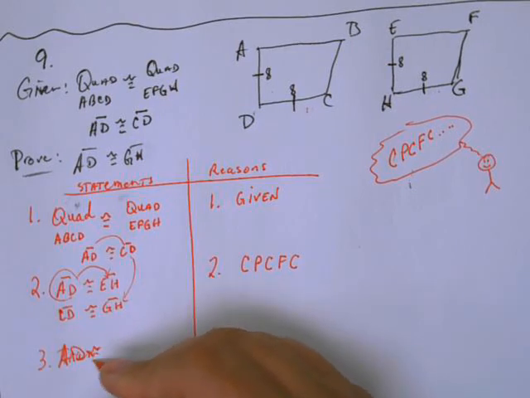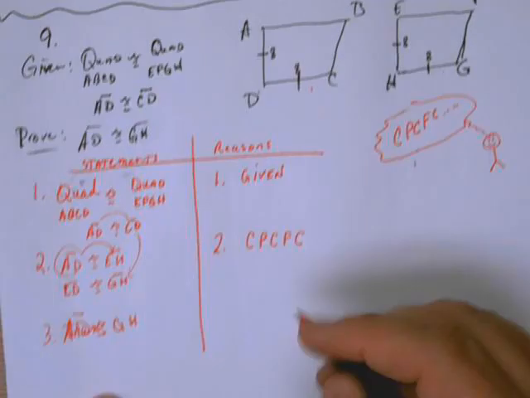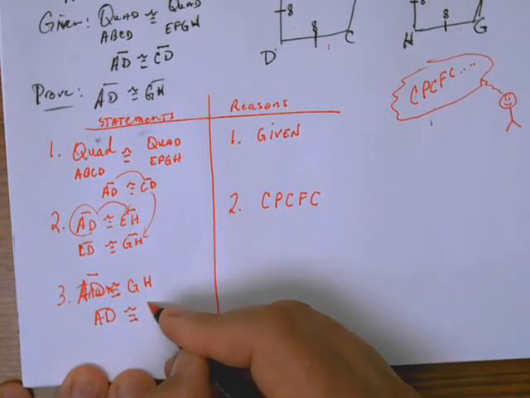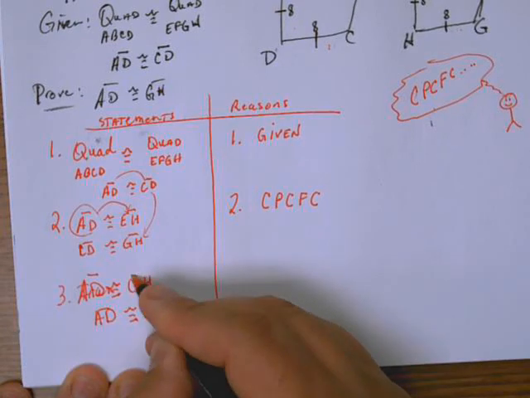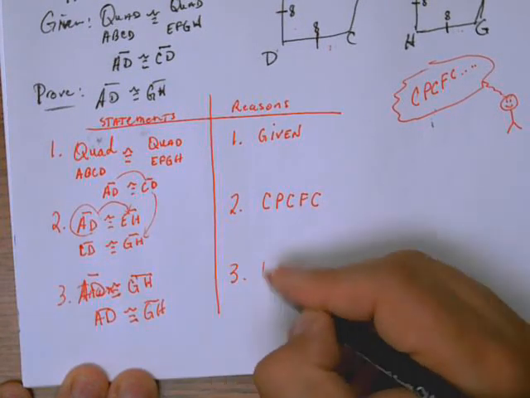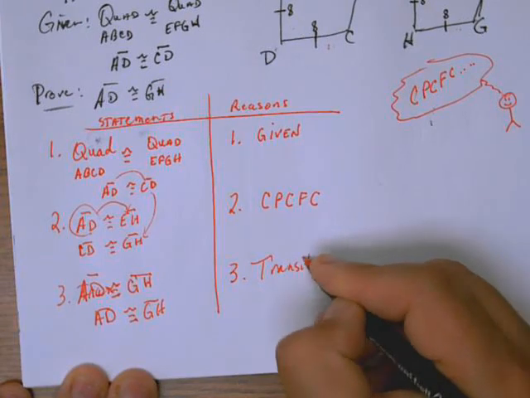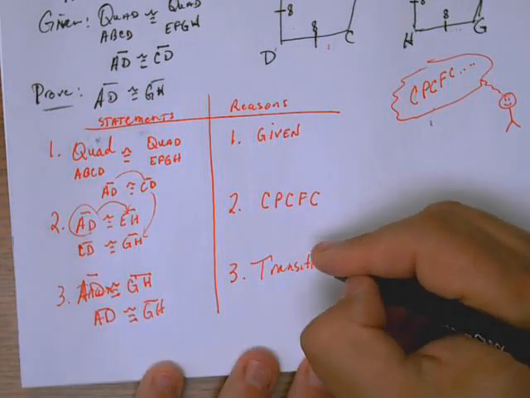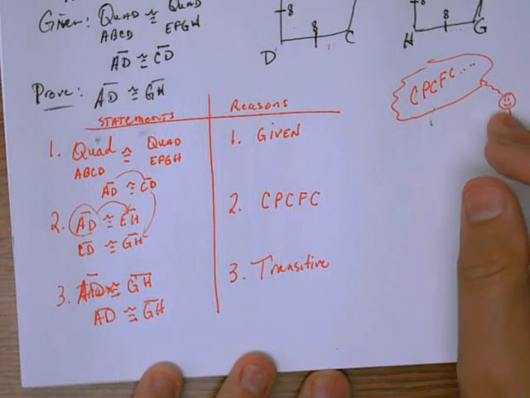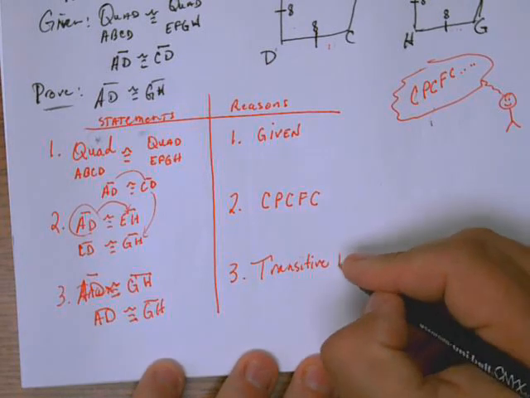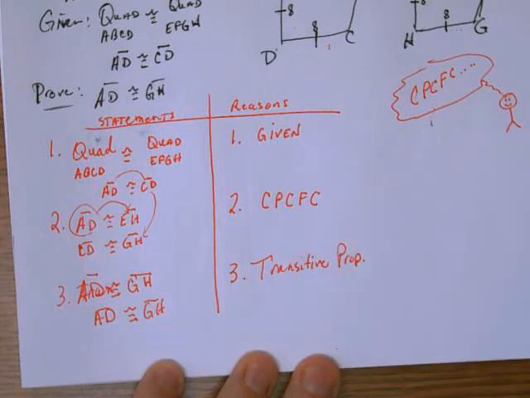AD is congruent to GH. Can you see that? Sorry, let me make that a little clearer. AD is congruent to GH. What we're trying to prove, and my reason: transitive. You're never going to have a problem that is inconclusive.